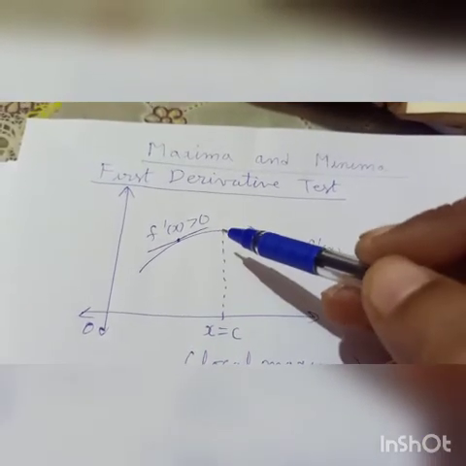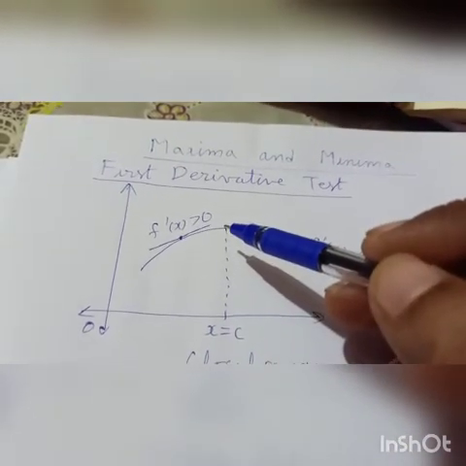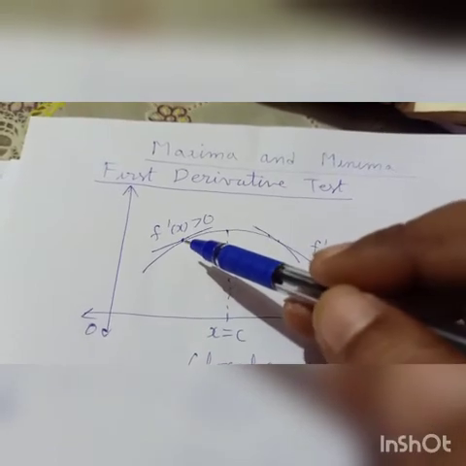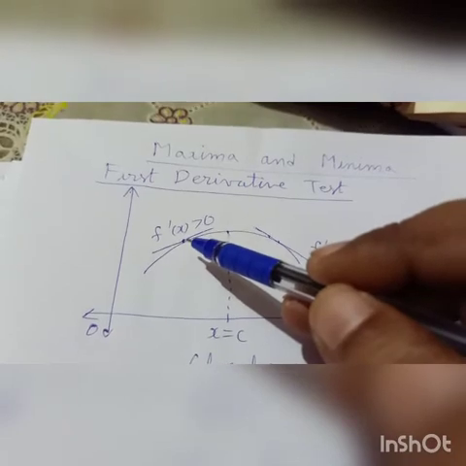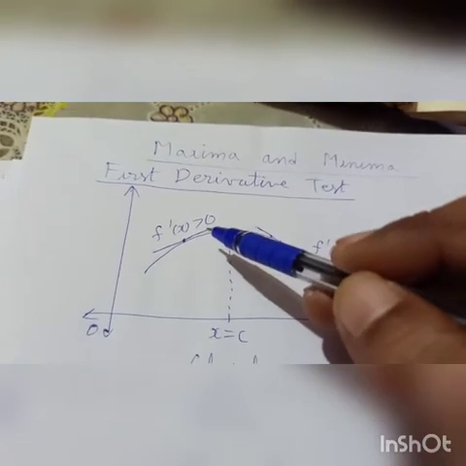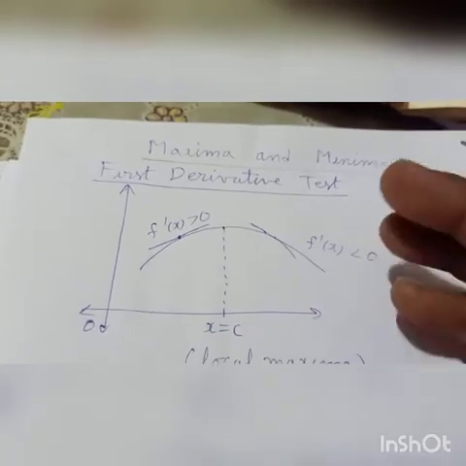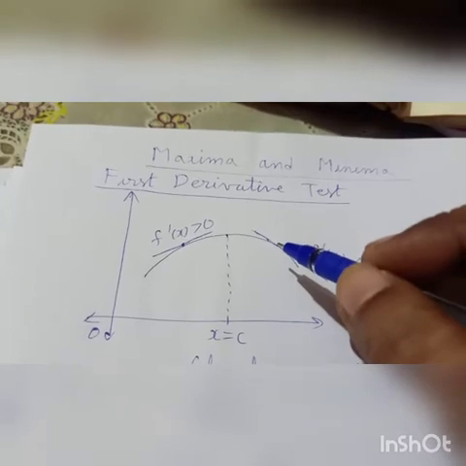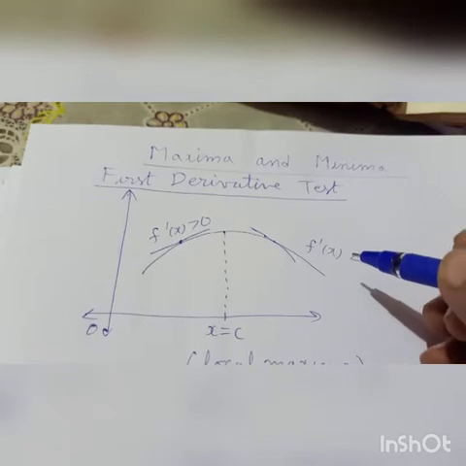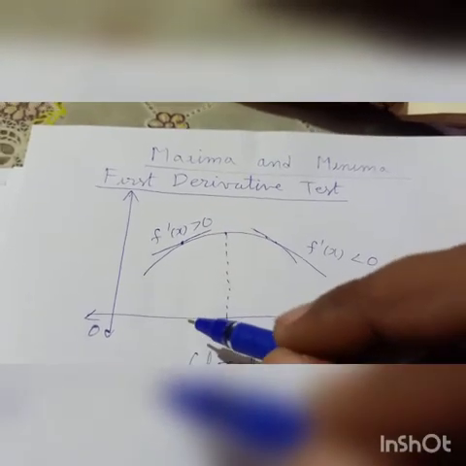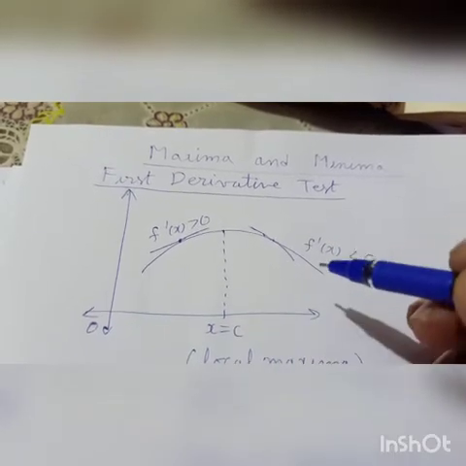If you take this point in this position, you can see that on the left of this point, at any point sufficiently close to c, the slope of the tangent is positive, and on the right side, the slope of the tangent is negative.